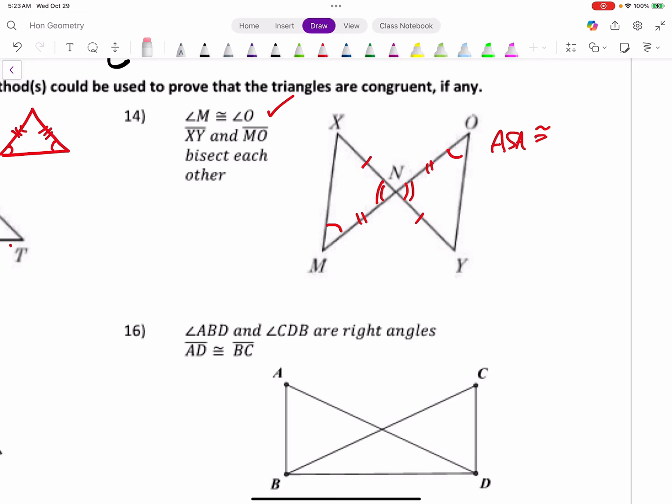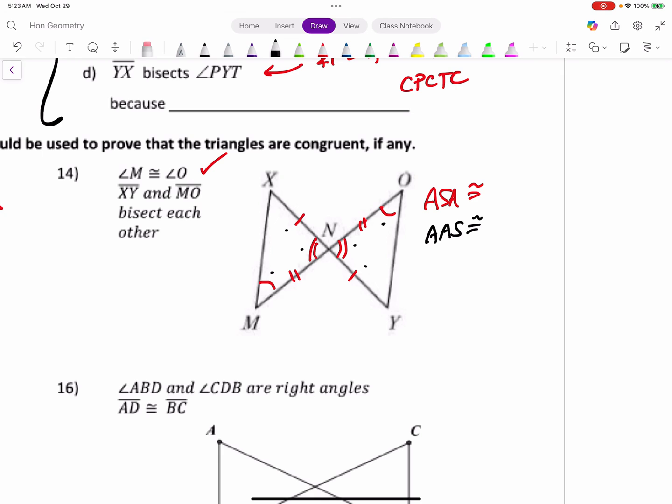Angle, angle, side. Do I have angle on the side? Let me change colors. Angle 1, angle 2, side 1. You could do angle, angle, side. There are so many different ways you could do this, but those are probably the two you'd want to go with most.